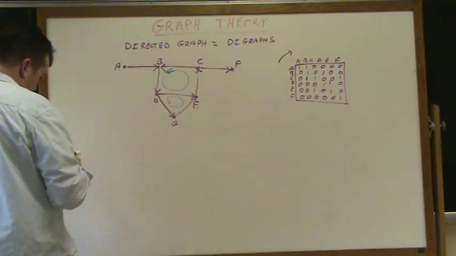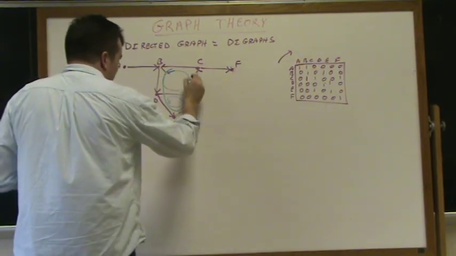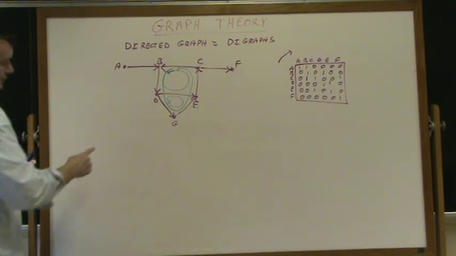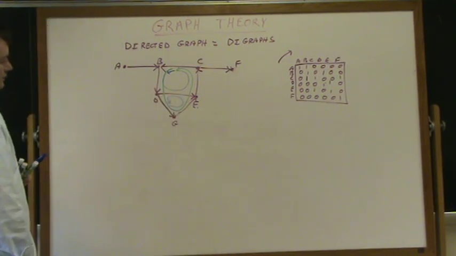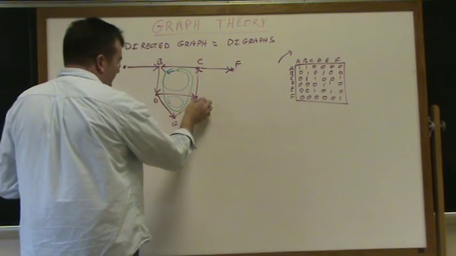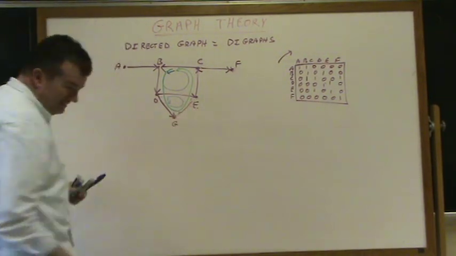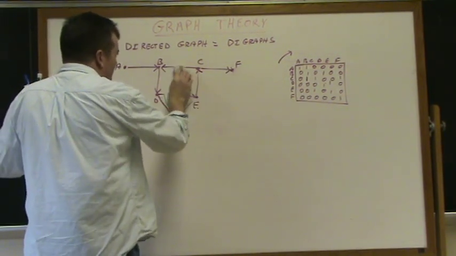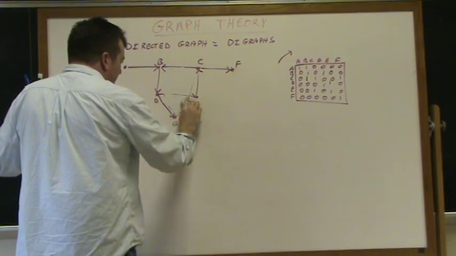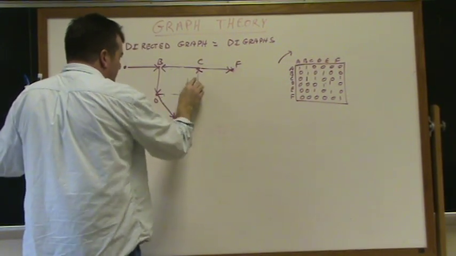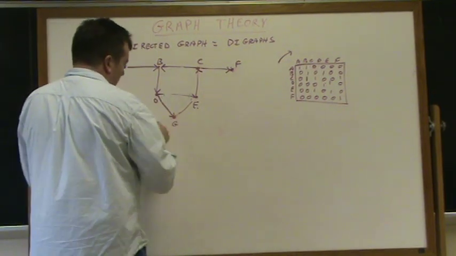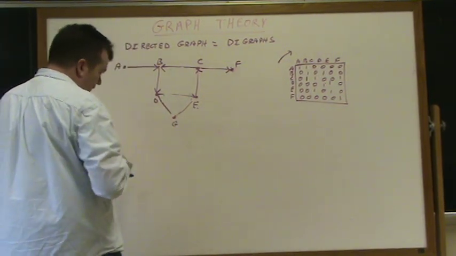And then we have this one, between D, E and G: D is connected to G, G is connected to E, and from E to D. Did I have it right before then? Let me clean this up. Maybe I had it right the first time. We could have it from E to G and G to D, so we want it to go this way.